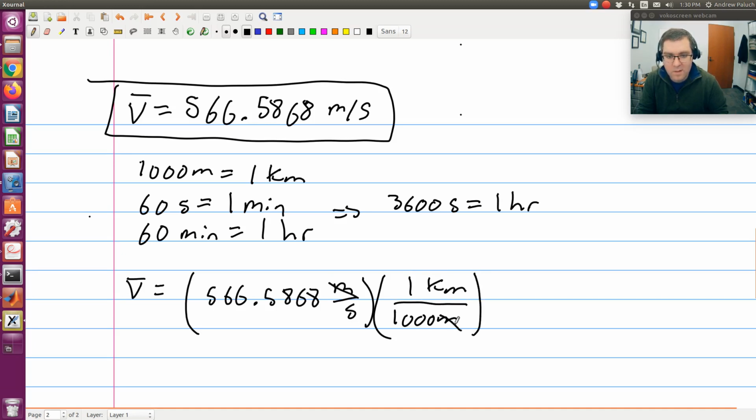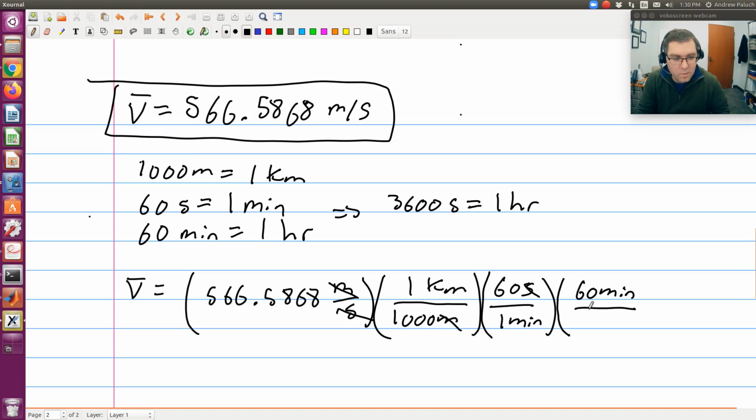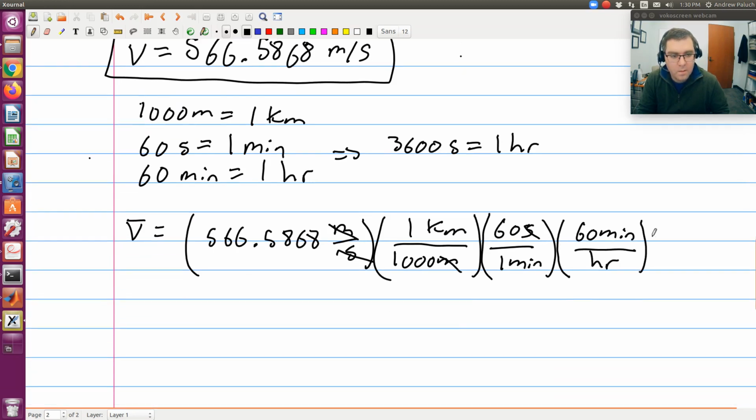So meters cancel. And then I want to get to hours. So if I take this in 2 parts, I have 60 seconds per 1 minute. So seconds cancel. And then I have 60 minutes per hour. Okay, cool.